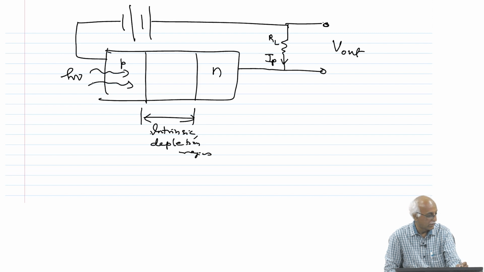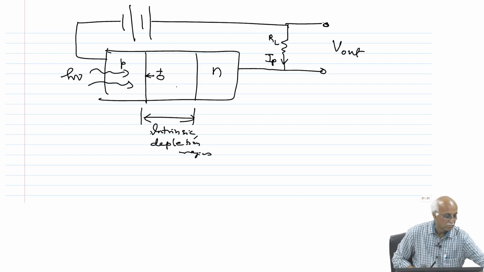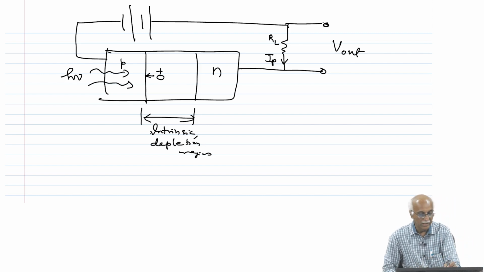Photons are coming, and holes are generated, and electrons are generated in this direction, holes and electrons are generated in the photodiode.